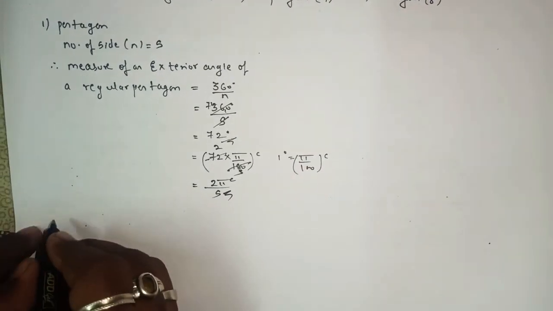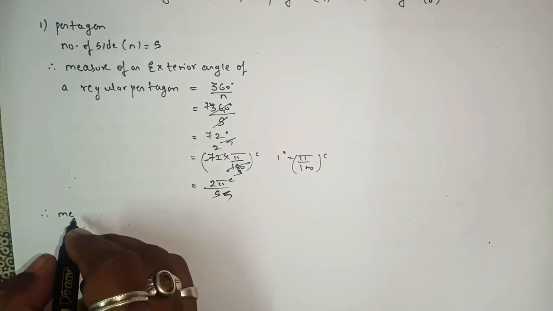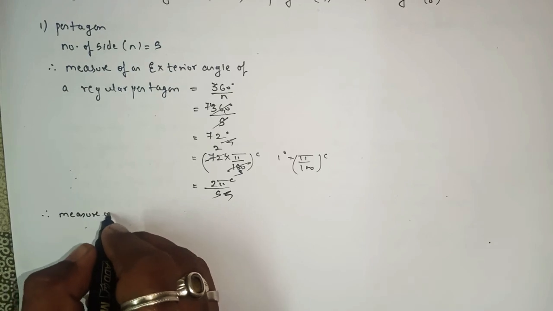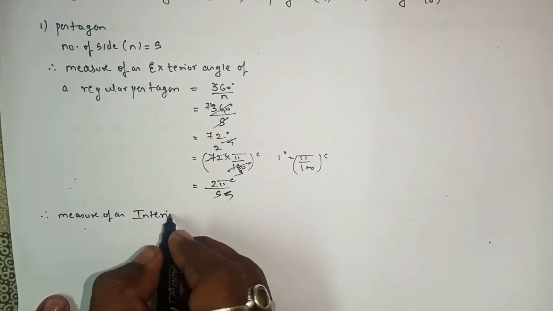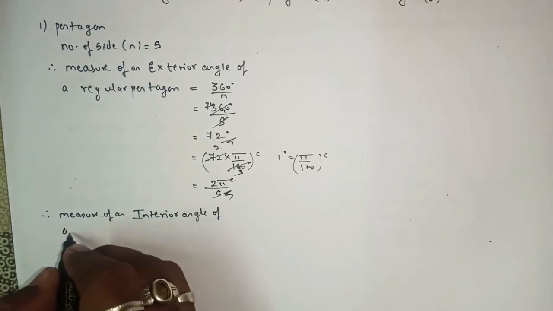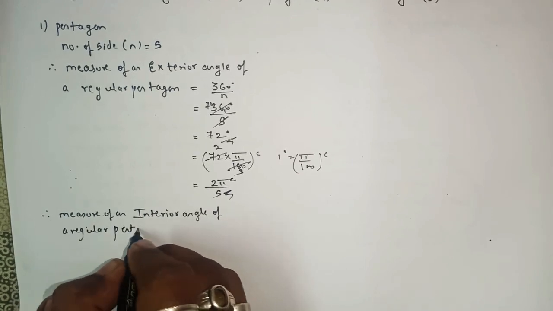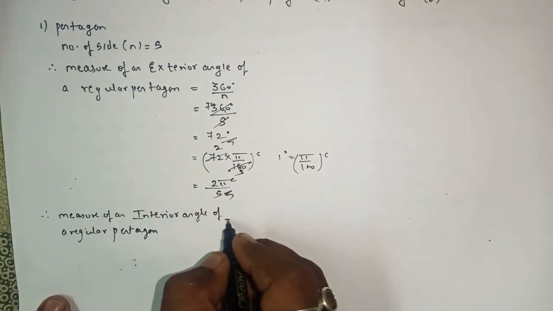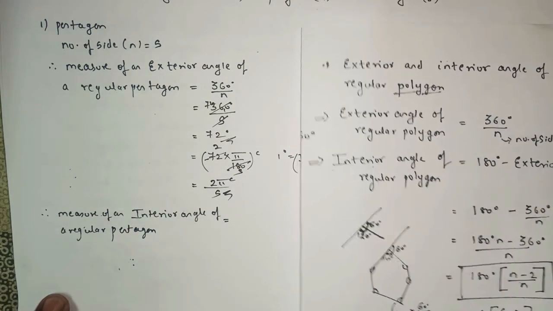So now we'll see how to find the interior angle. To find the measure of an interior angle of a regular pentagon, we'll apply the formula 180 minus the exterior angle.